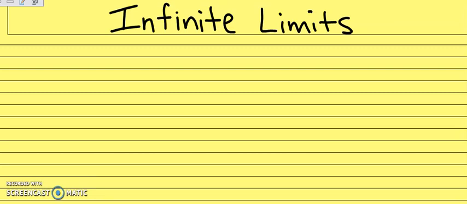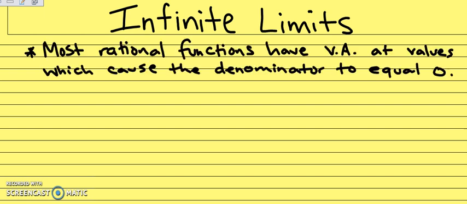Infinite limits. Most rational functions have vertical asymptotes at values which cause the denominator to equal 0. Think of any function that will cause the denominator to equal 0, therefore creating a vertical asymptote.